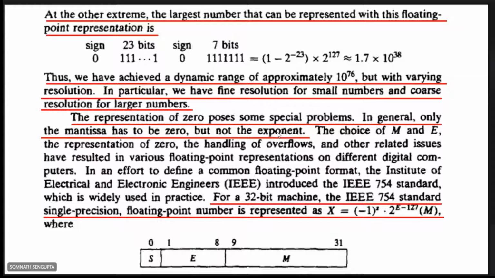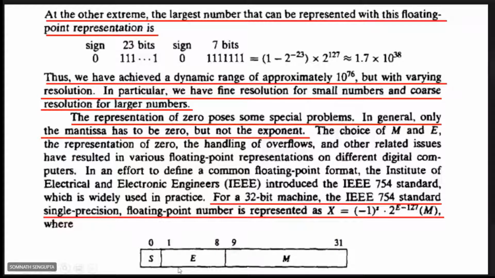Then there is the IEEE standard format. It is a 32-bit system. The first bit, bit 0, is meant for sign, and the remaining bits 1 to 8 are for the exponent.